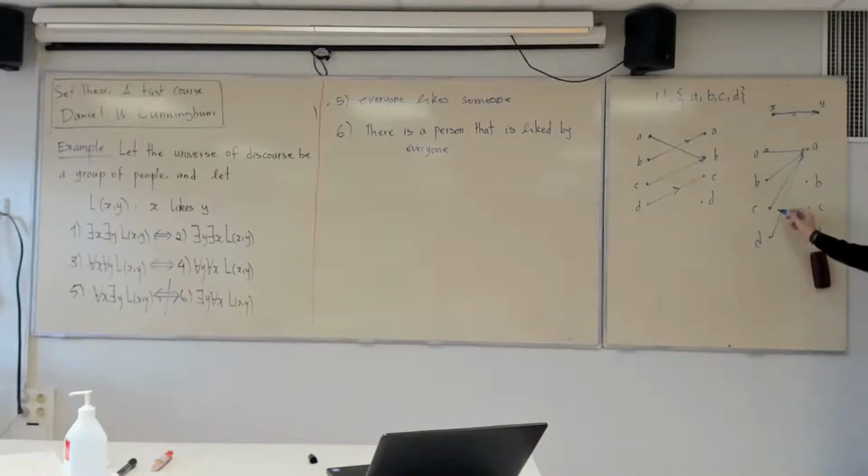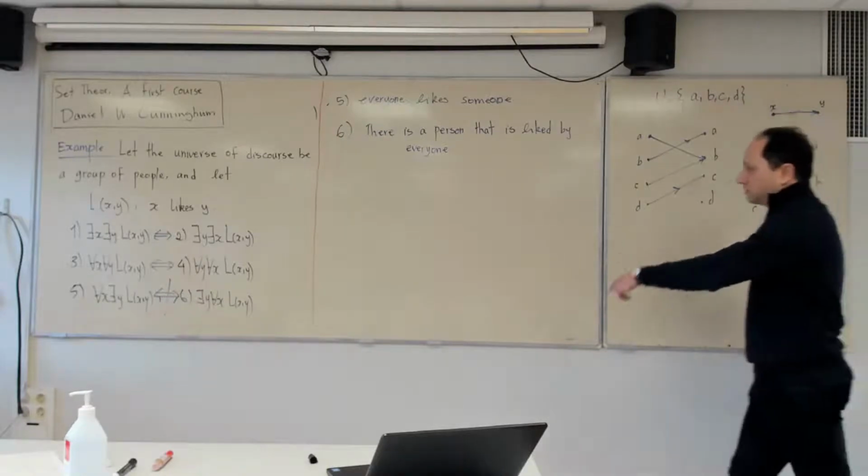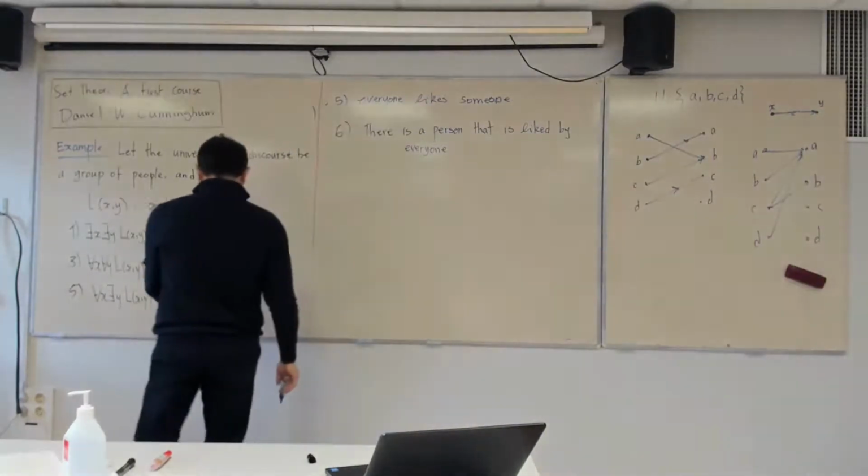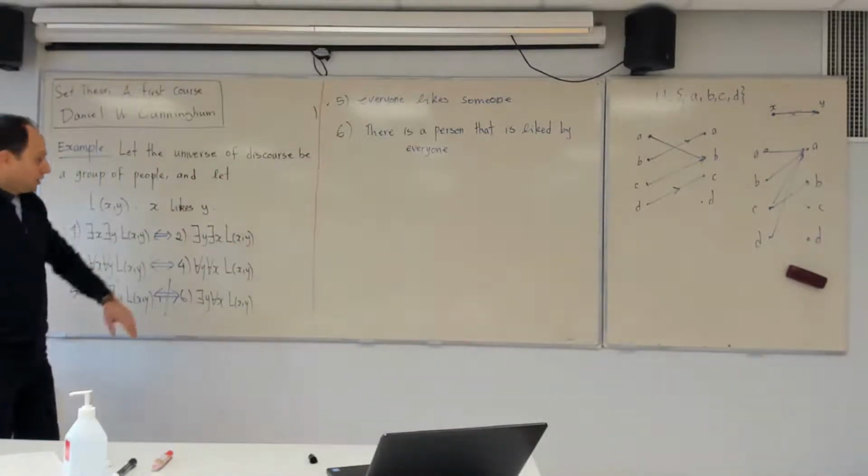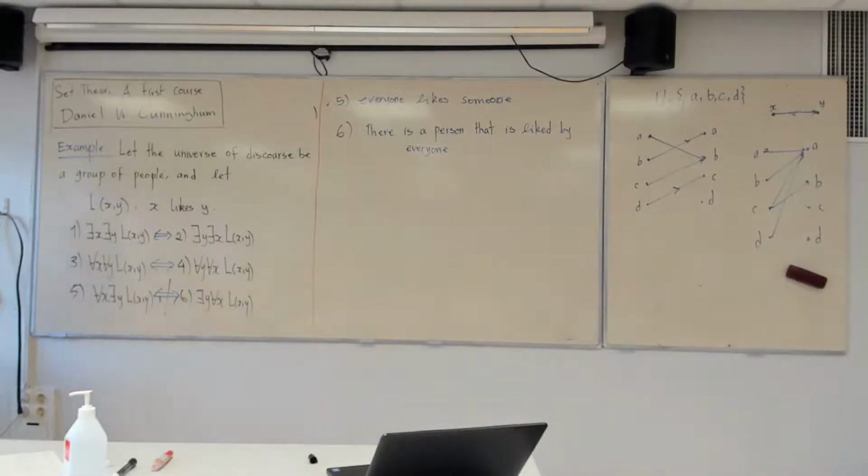Yes, and then of course we can have more arrows. Let me draw this one. Yeah, that's enough. That arrow makes that sentence right. But do you think for the second diagram, this one is also true or not? Yes. That's also true.